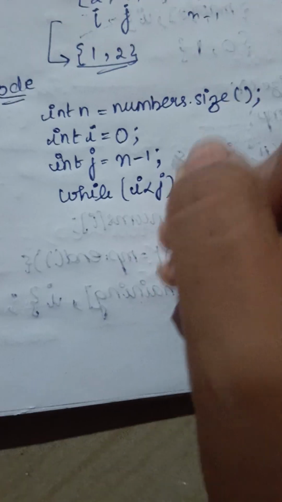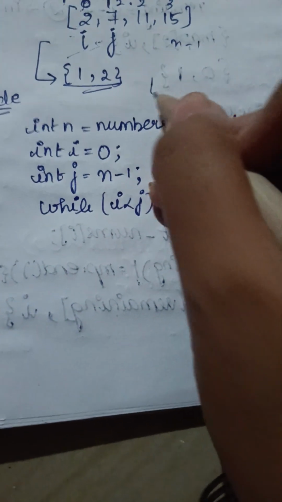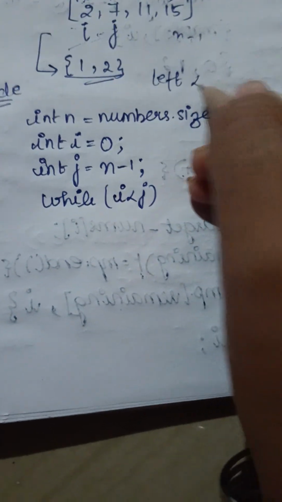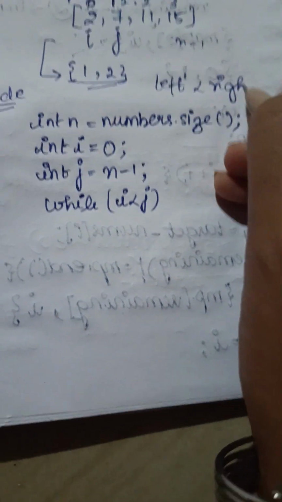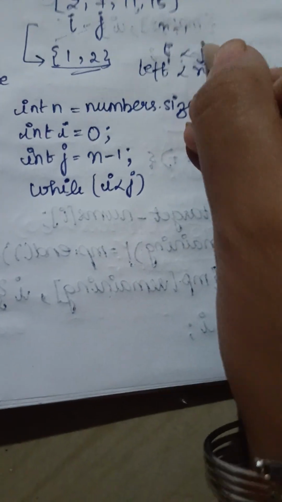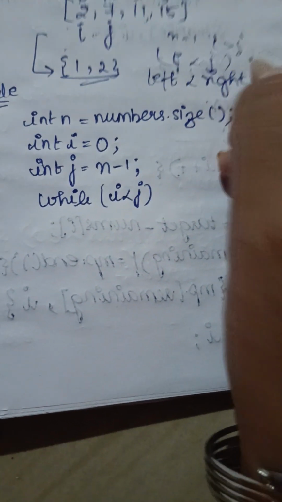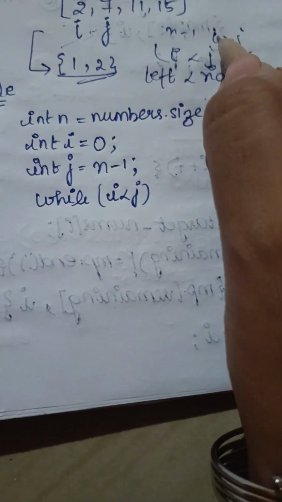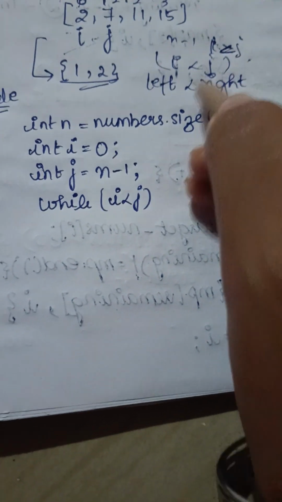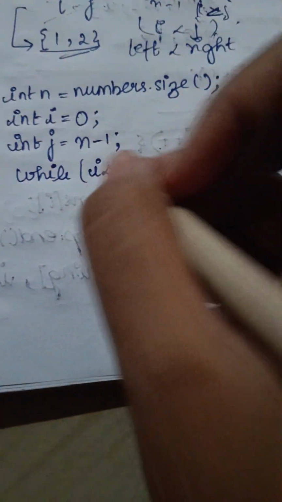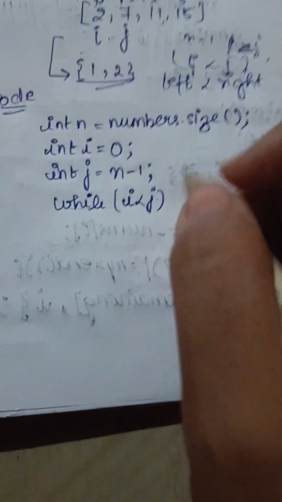This condition means that the left part will always be less than the right part. So i can never be greater than j, because i should always be less than j. That's the logic behind this while loop. Usually for this sort of array we use this logic.